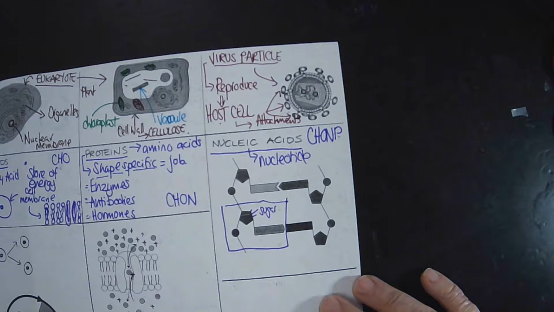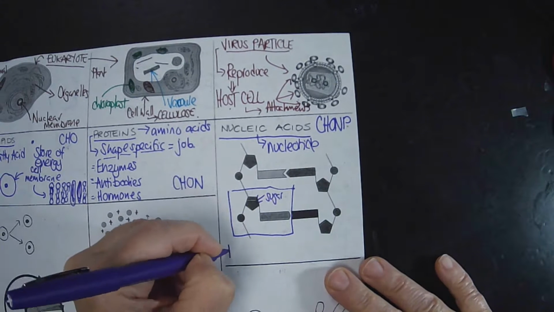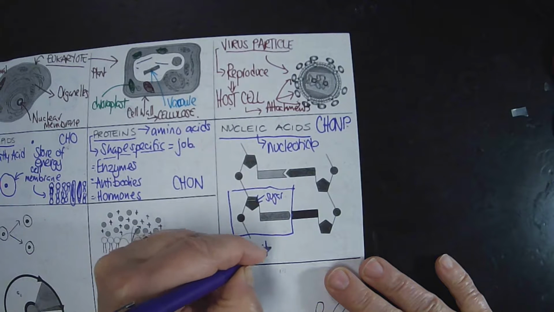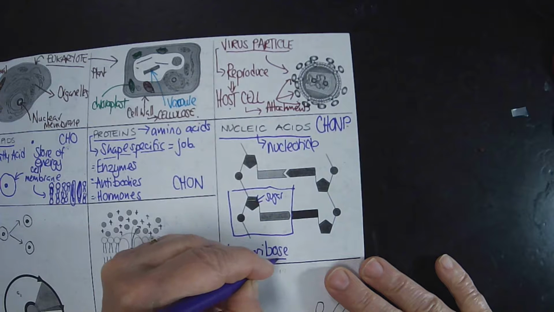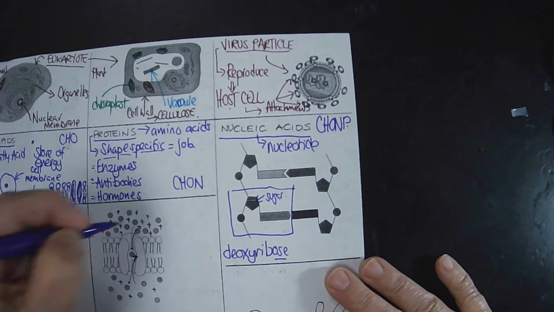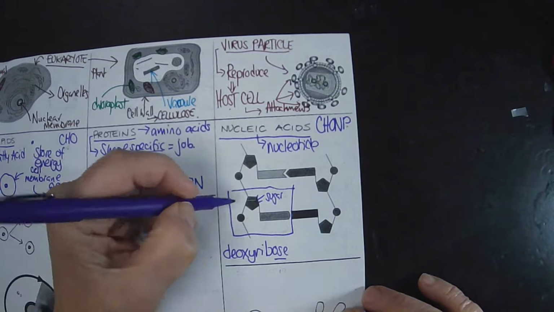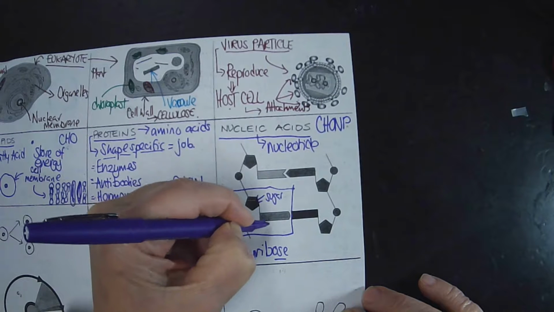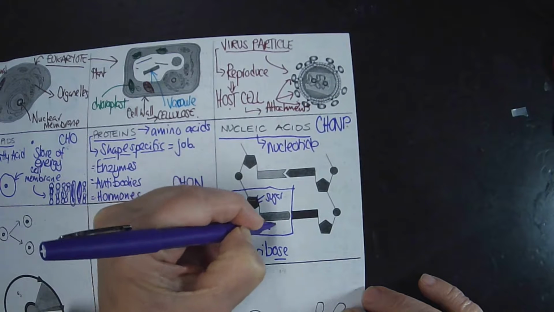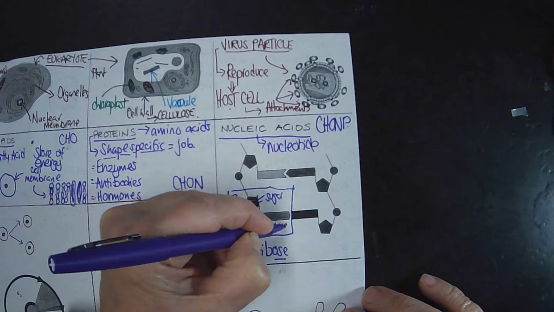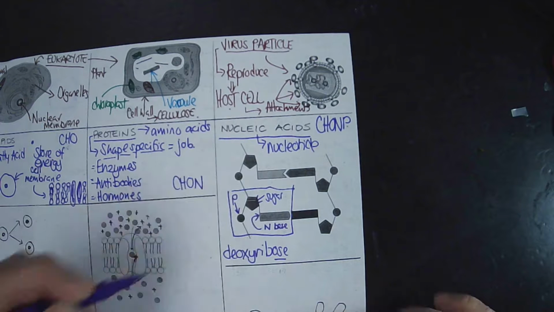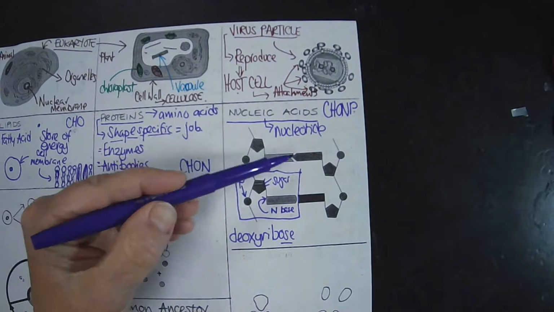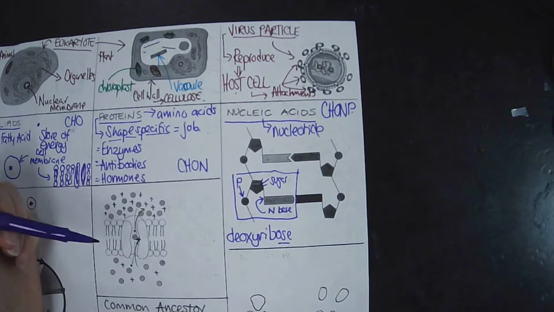And in the case of DNA, it's deoxyribose. Okay? OSE always tells you it's a sugar, just like ASE always tells you it's an enzyme. So you've got the sugar, you've got the phosphate, and then you've got this bit, which is the nitrogen base. And if you remember, it is the order of these bases that is your genetic code.